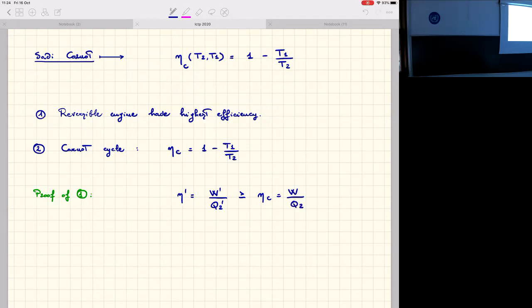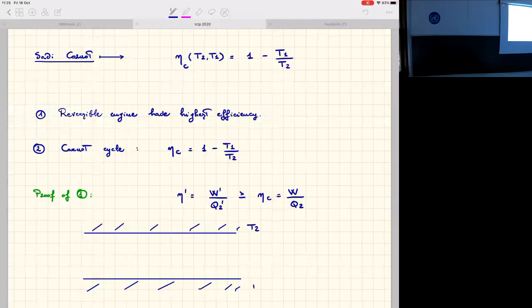Then, if this is true, we can do the following. We can take our two reservoirs, the one at temperature T2 and the one at temperature T1, and then make a chain out of these two engines.